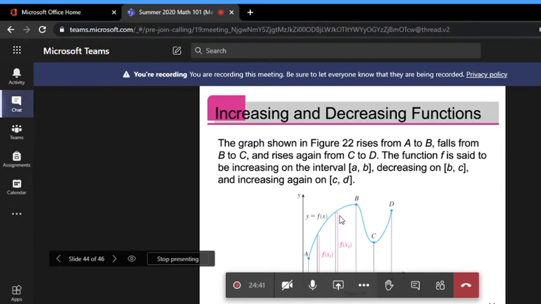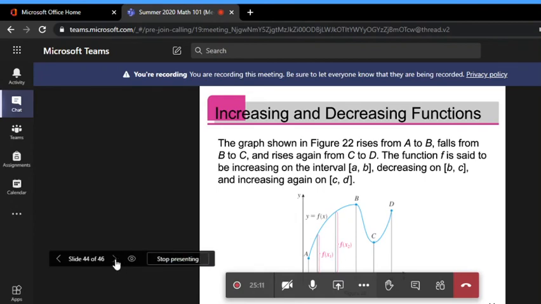So from A to B, the function is increasing. However, from B to C, it is doing the opposite. Whenever I go to the right along the x-axis, the y value diminishes. It gets smaller, right? It goes down. So between B and C, the function is decreasing. On the other hand, between the points C and D, the function is going up again, so increasing.